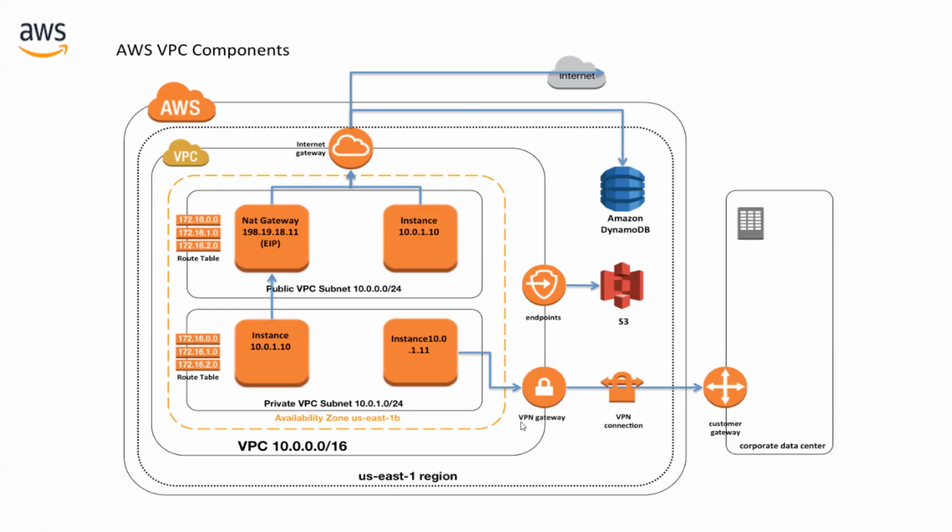This rectangular area you can consider as a virtual private network on the AWS cloud. That is known as the VPC. And this VPC is connected with the internet gateway. The internet gateway is a resource which is used to provide internet access to this virtual network which is created on AWS. That is the responsibility of the internet gateway.